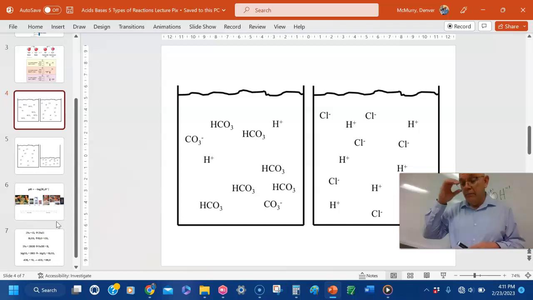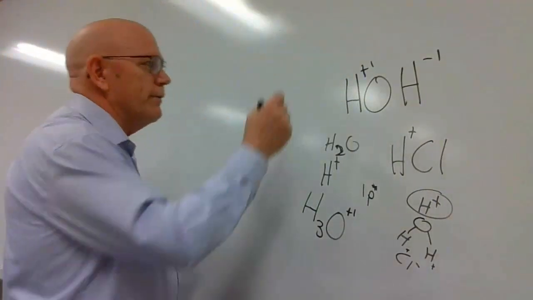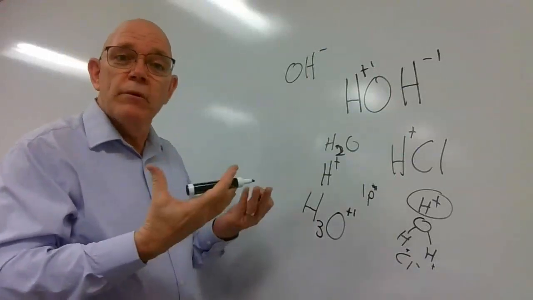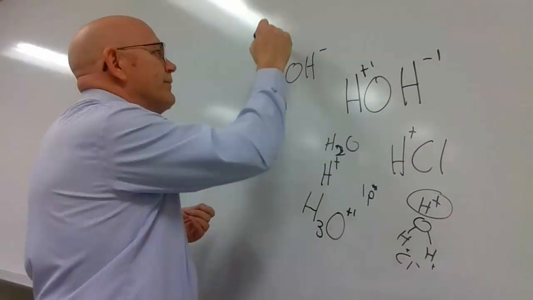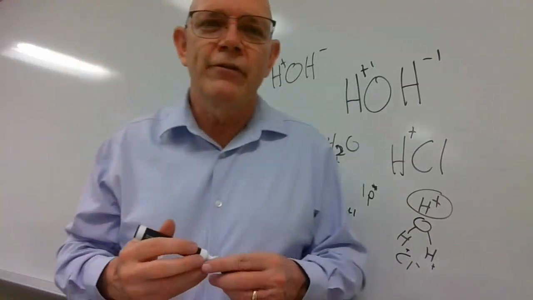All right, now, since OH is floating around inside a solution, well, they'd like to get back to water, so if you have these negative OHs floating around, they would like to have a hydrogen because then they could join together with it and make water, okay, which is everywhere.